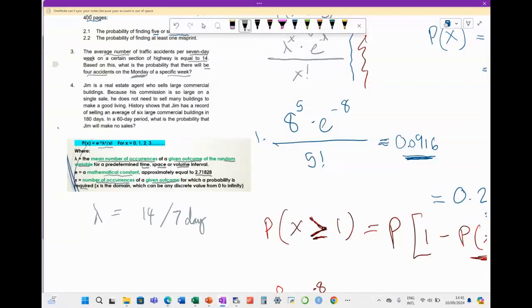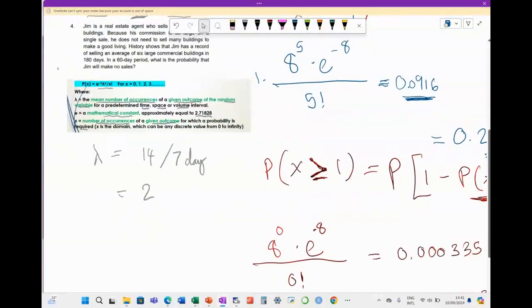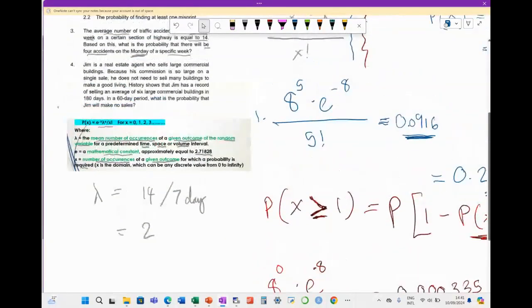Is it 7 days? It's 1 day, isn't it? So we need the average per day. So obviously 14 divided by 7 will give you 2. So 2 accidents per day. Okay, that's our average.